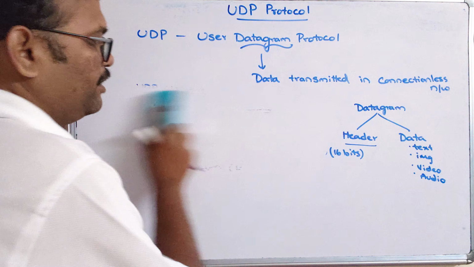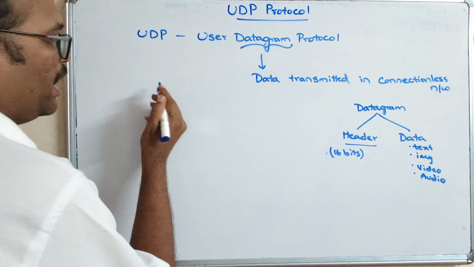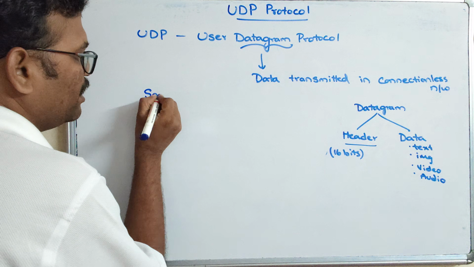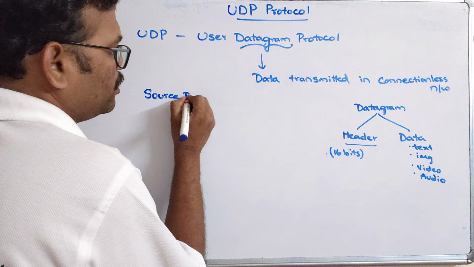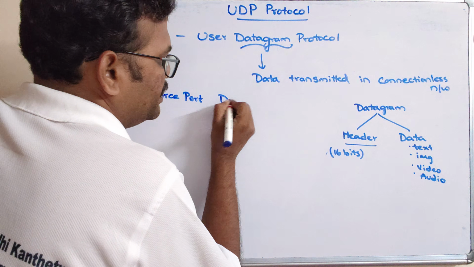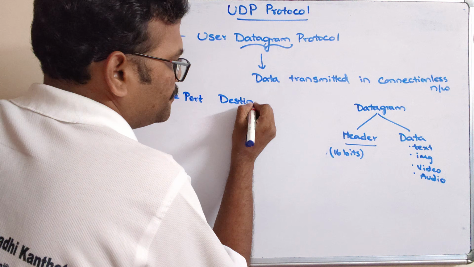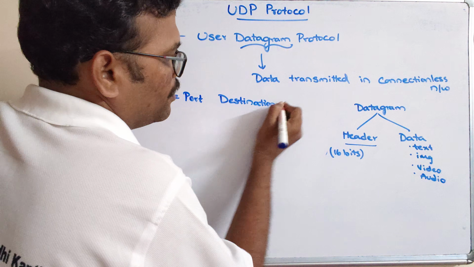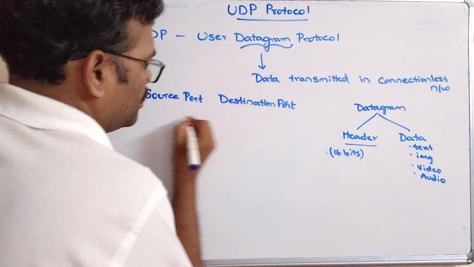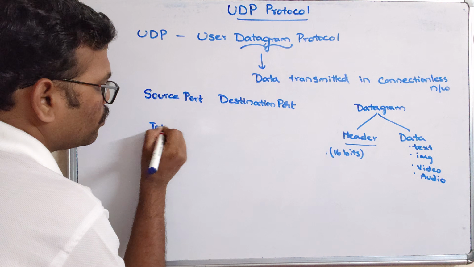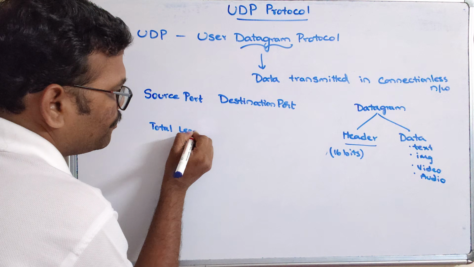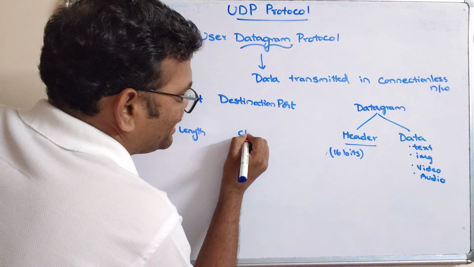Let me tell you. So header format, we'll write here the source port, destination port, total length, checksum.